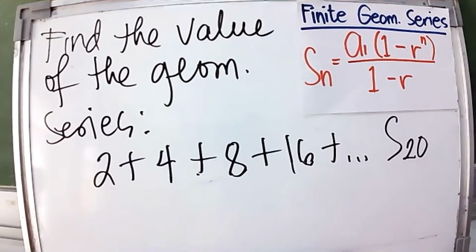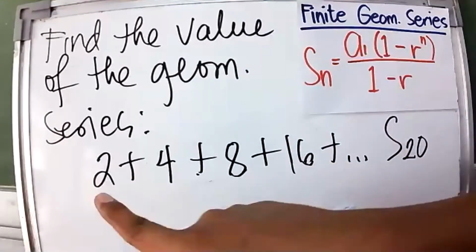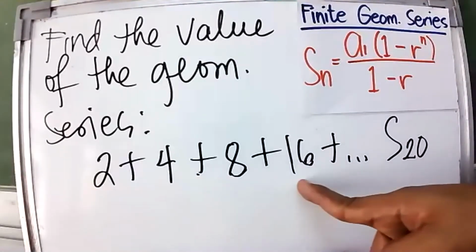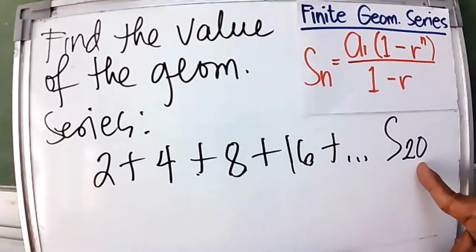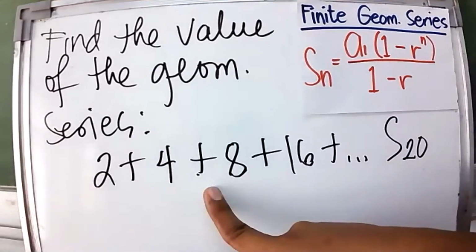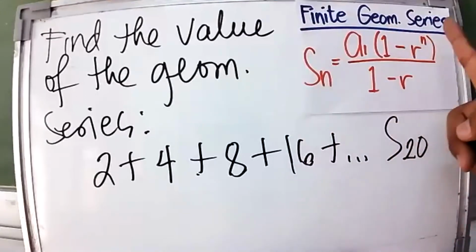In this case, you can do the manual thing if you want to continue your geometric series from 2, 4, 8, 16 onwards up to the 20th term. However, there's a much better way to solve this problem, and that's by using this finite geometric series.